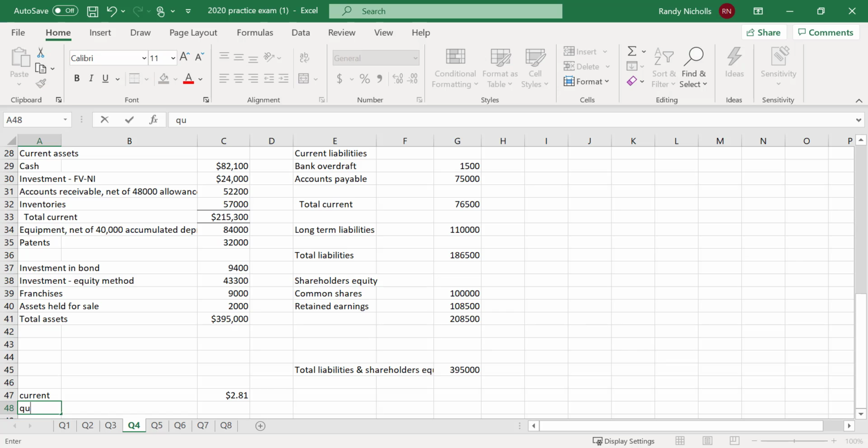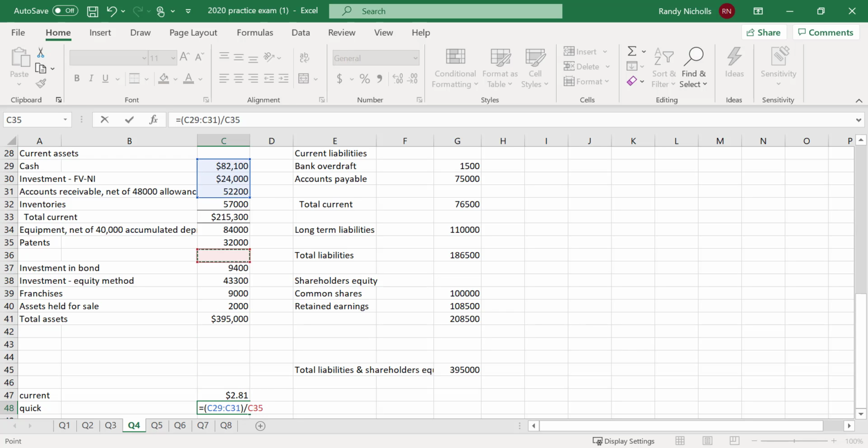And in quick, the formula is a little, the wording is never the same. When you want quick, it's all of your current liabilities, but your current assets, it's really just equal to the ones that are close to cash. So you would never include inventories. You wouldn't include prepaids, but you would always include receivables, investments, and cash. And those are typically the ones to include.